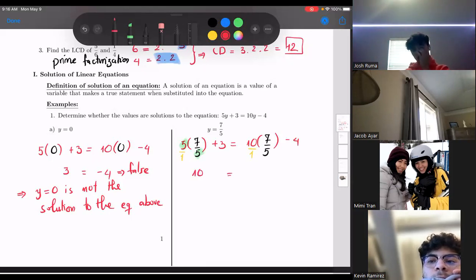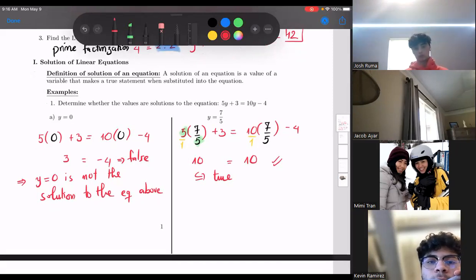On the right hand side, 10 divided by 5 in the bottom is 2. 2 times 7 is 14. 14 minus 4 is 10. So yes, 10 is equal to 10. This is true. So when it's true, what does that mean?